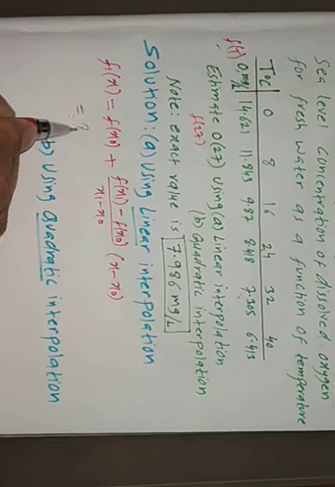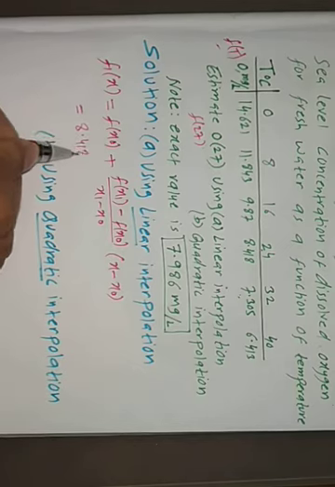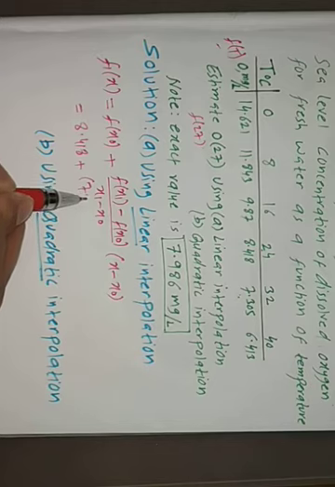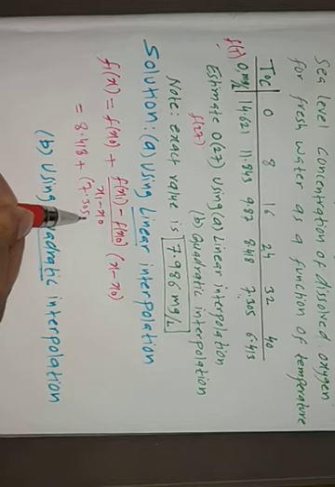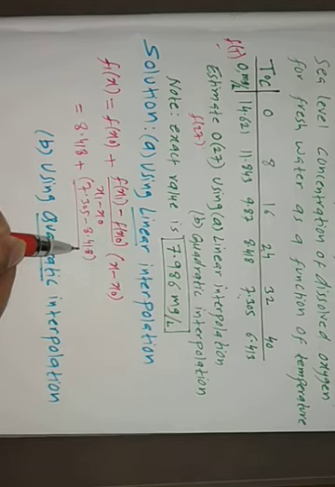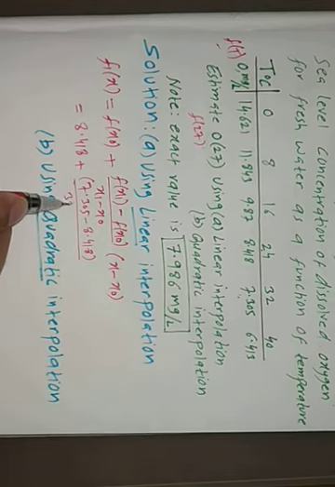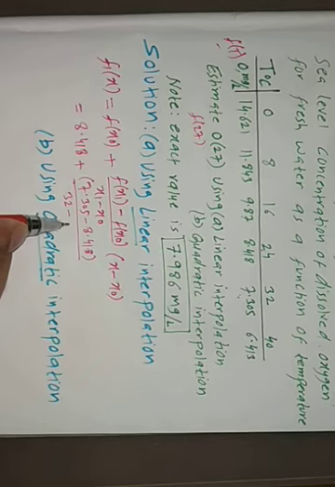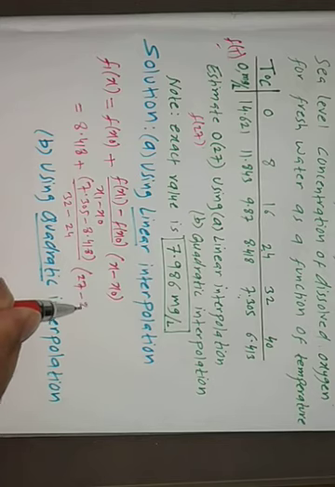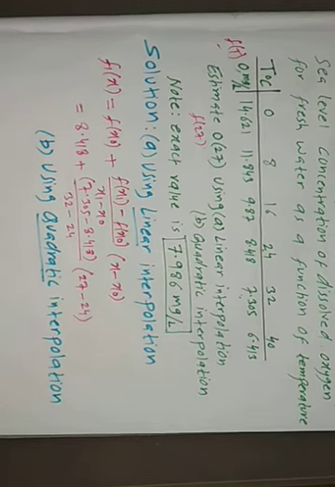F of x0, 8.418, plus f of x1 minus f of x0 again, divided by x1 32 minus x0 24, multiplied by x, so this is the value 27 minus x0 24.